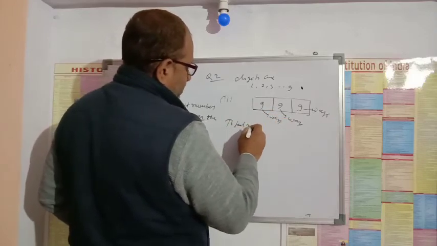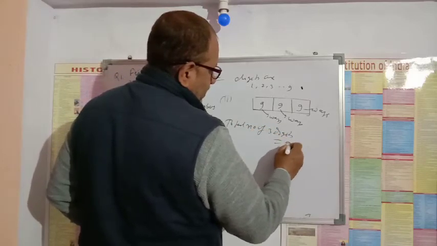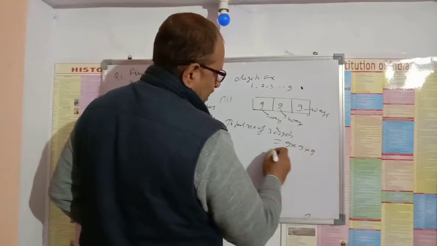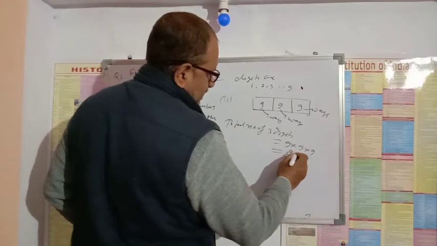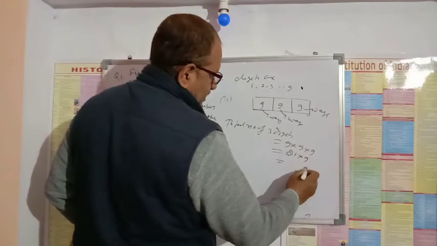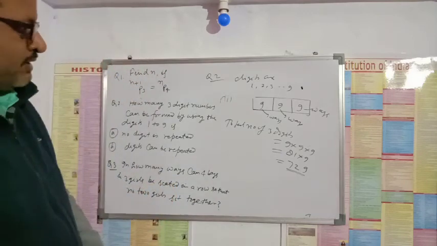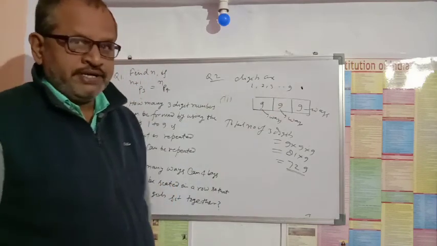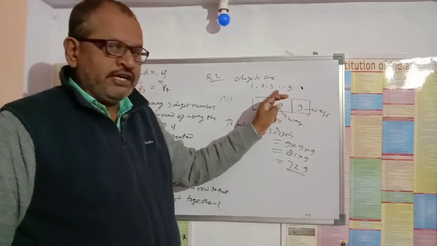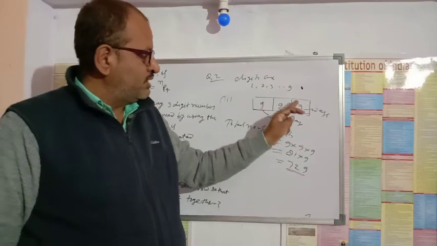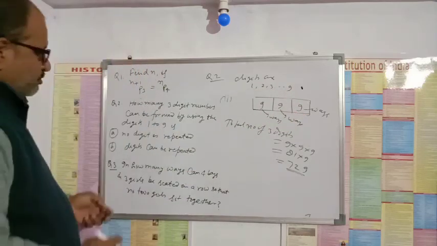So the total number of 3-digit numbers will be 9 into 9 into 9 by the multiplication principle of counting. 9 times 9 is 81, into 9 is 729 numbers we can make if digits are repeated. So when the digits are repeated, every place is filled in 9 ways. There are 9 digits, so every place can be filled in 9 ways. Now see question number 3.